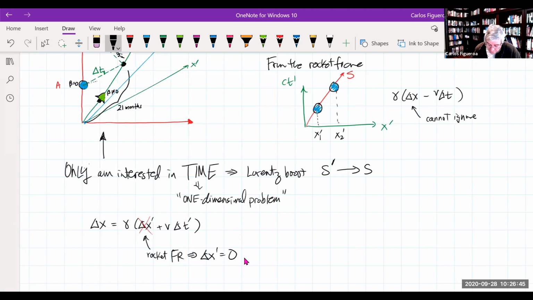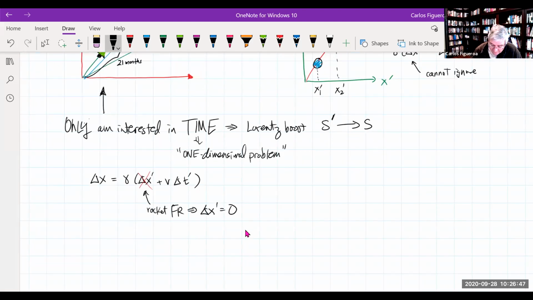So now what I want to do is, if this is the case in the rocket frame, then I could say that this has to be gamma v delta t prime. So that change in the earth is now related to the time. And I think that's tricky.